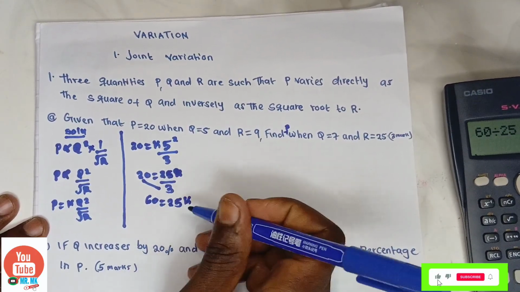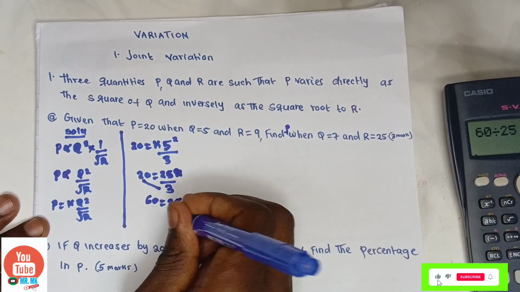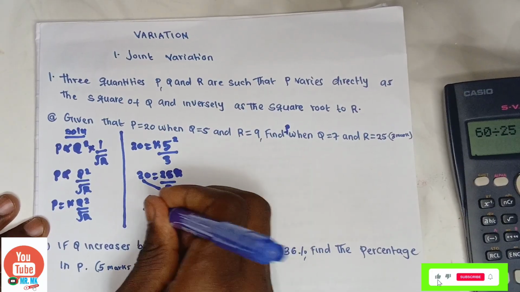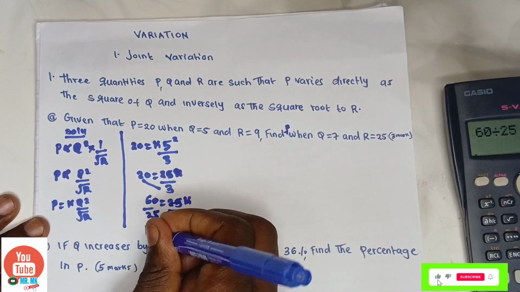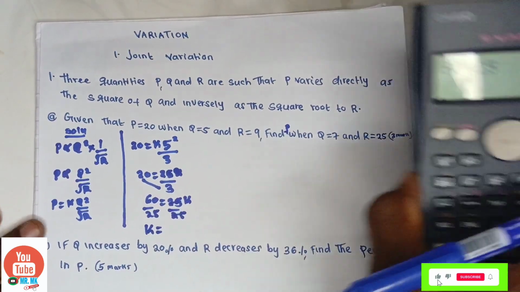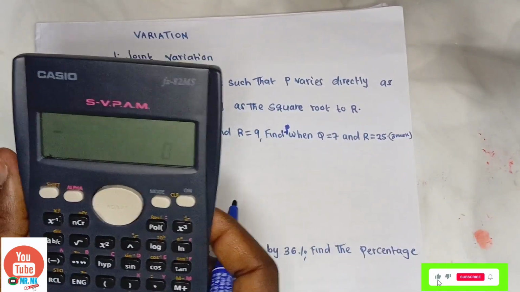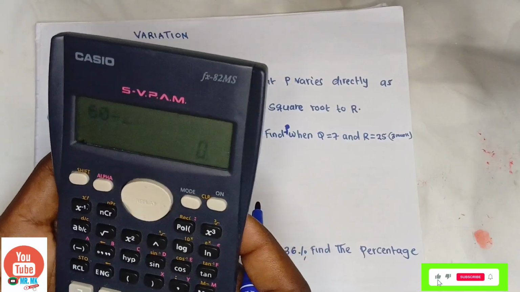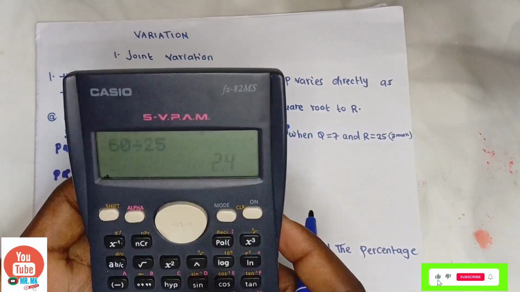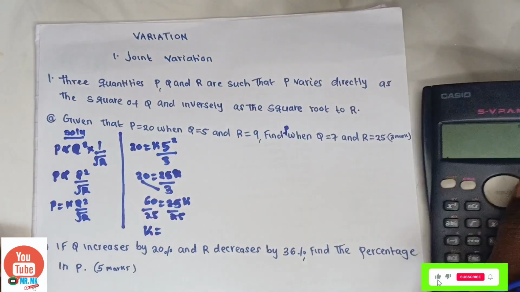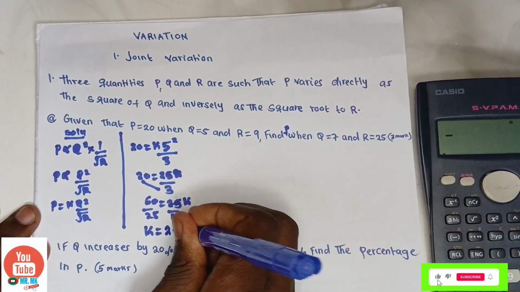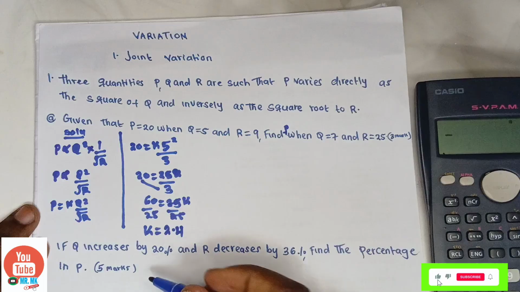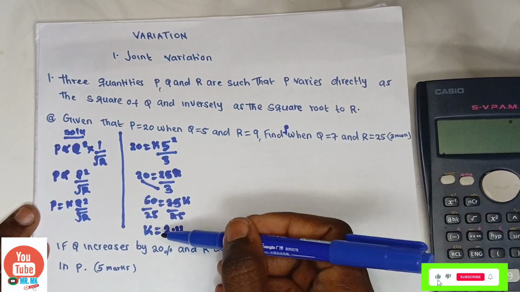To remain with K alone, I divide both sides by 25, and 25 cancels with 25. The value for K is 60 divided by 25, which is 2.4.